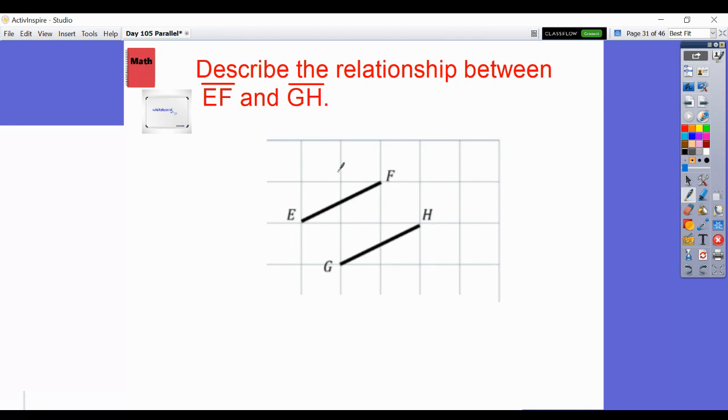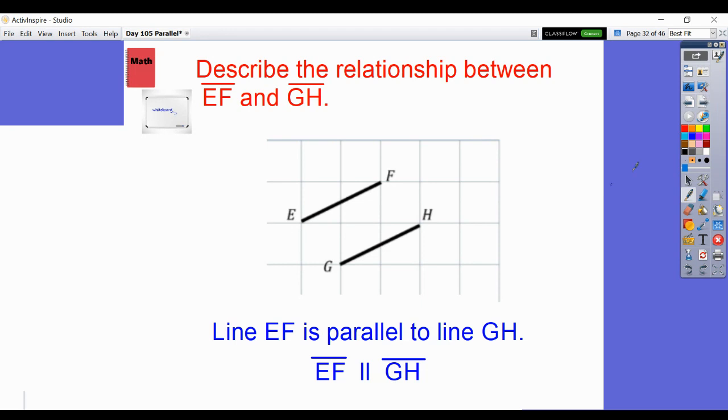If you got perpendicular, no. If you got intersecting, no. They are parallel again, because if those continued out in either direction, they would not ever come in contact with one another. They're running side by side, so they are parallel. Line EF is parallel to line GH. So again, you would write it like this. Line EF is parallel to line GH.